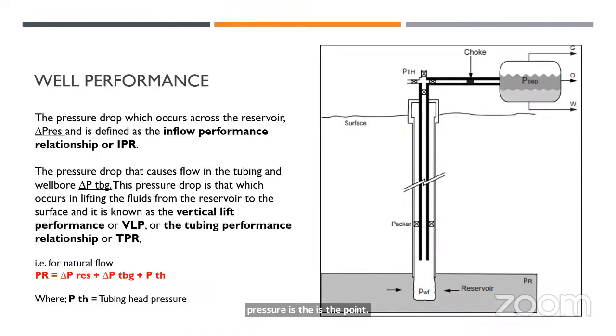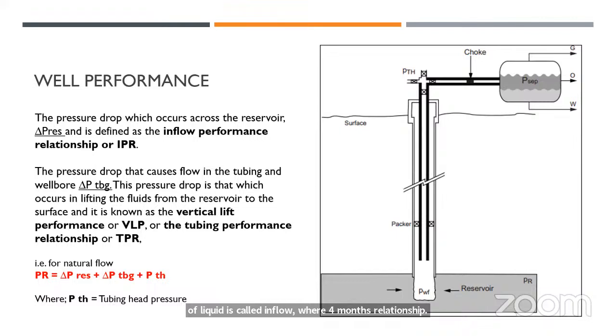In order for the fluid to come from the reservoir to the well bore, there is some delta pressure, or pressure difference, that we name drawdown, that forces the liquid to come from the reservoir to the well bore. The relationship which controls this amount of liquid is called inflow performance relationship.